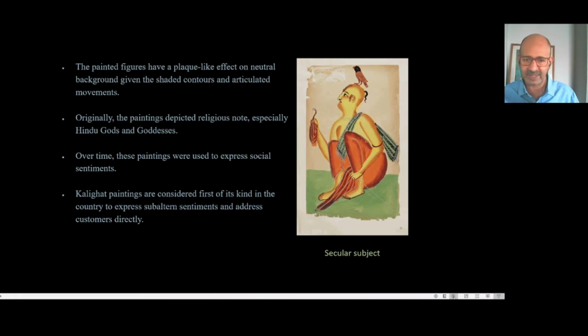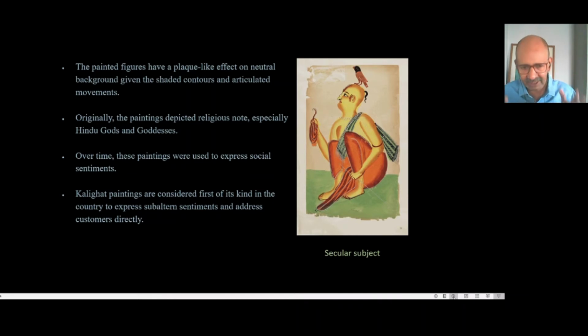But over time, these paintings were used to express social sentiments, social observations, because Kalighat painters were also responding to the urban cultural life to which they themselves did not belong, but they were observing the life of the Babu culture, the money, the rich people, and also various scandals surrounding them, various events that they got to know.